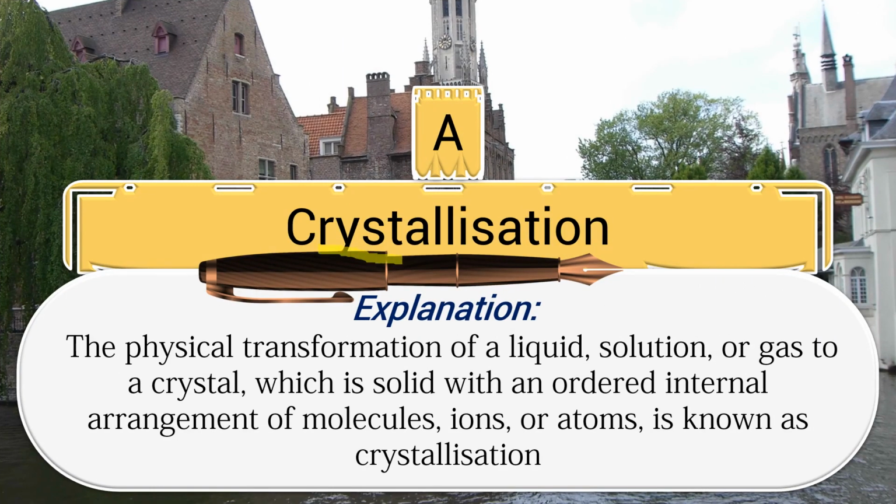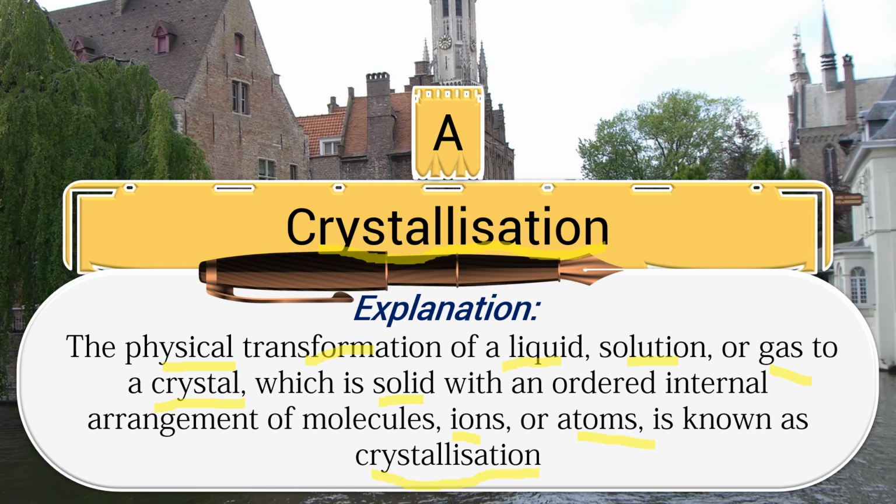The answer is crystallization. The physical transformation of a liquid solution or a gas to a crystal, which is solid, with an ordered internal arrangement of molecules, ions, atoms, is known as crystallization.